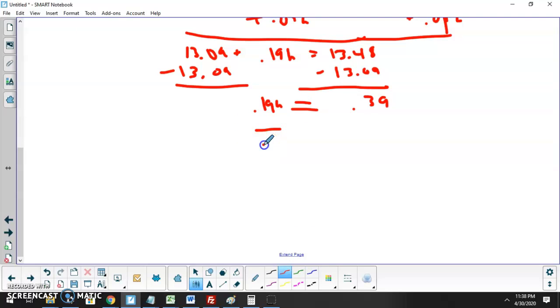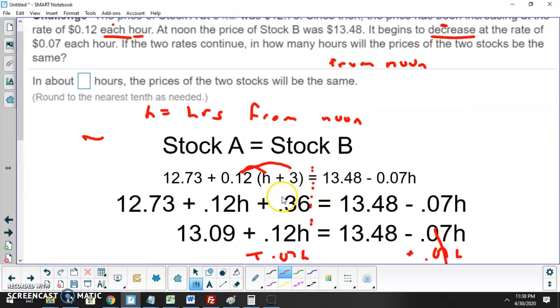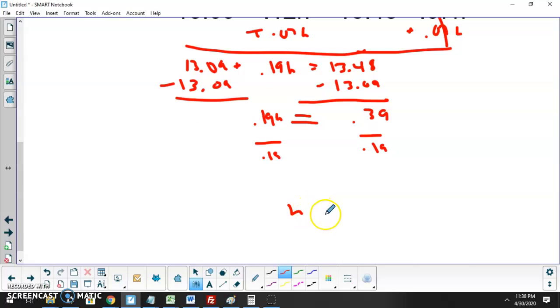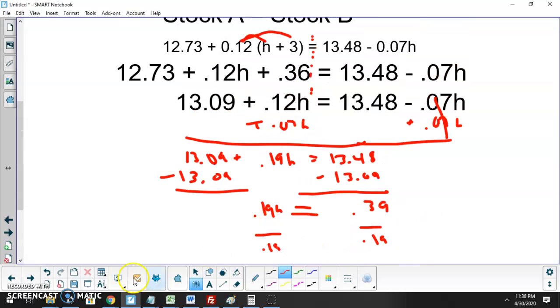And you're going to have to round your answer here. Divide both sides by 0.19. H, it says round to the nearest tenth. That means you have one place after the decimal point. I think it was 2.05, so you want to round it up to 2.1 hours before they are equal.